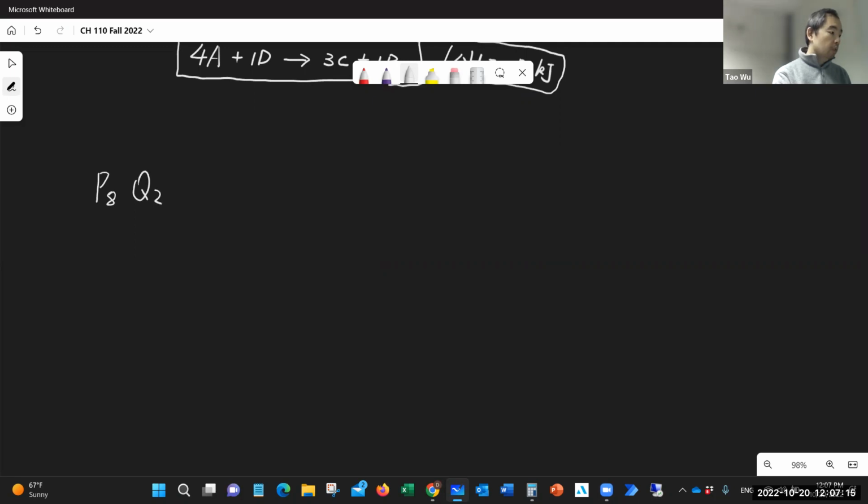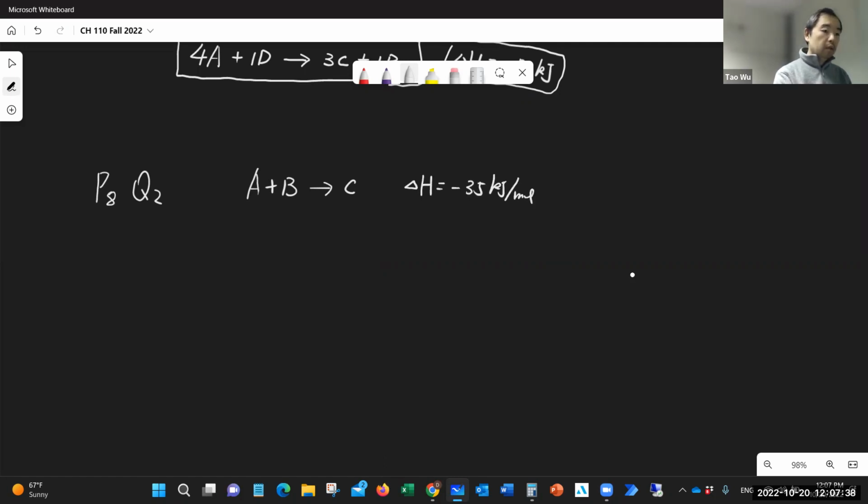Now for page 8, question 2, we have 3 equations. A plus B to form C, and the enthalpy of this reaction is -35 kilojoule per mole.